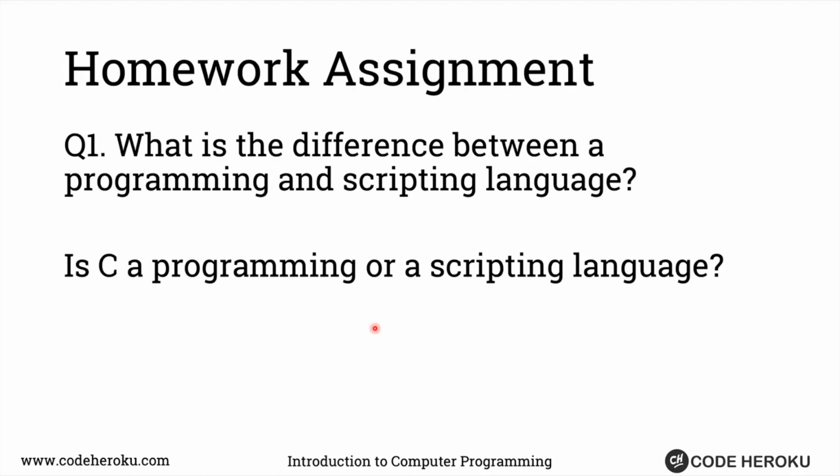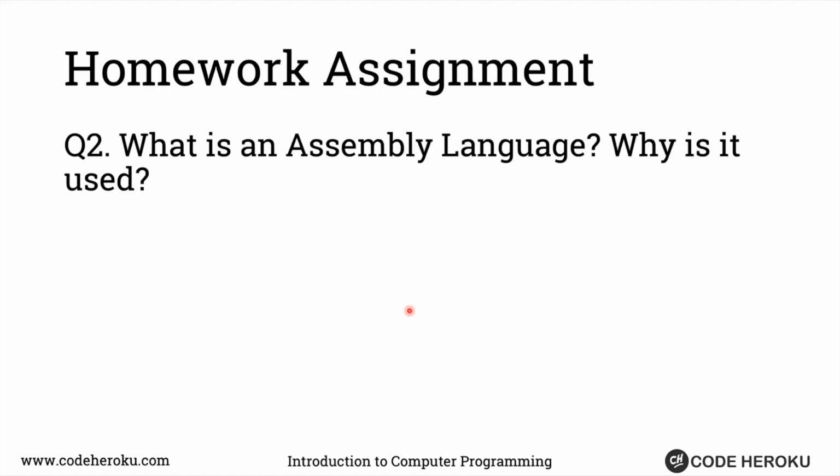Alright guys, that brings us to the final part of today's video, which is the homework assignment. As I told you guys, this course is about learning by yourself as well. So my first question is, what is the difference between a programming language and a scripting language? And is C a programming or a scripting language? My next question to you is, what is an assembly language and why is it required?